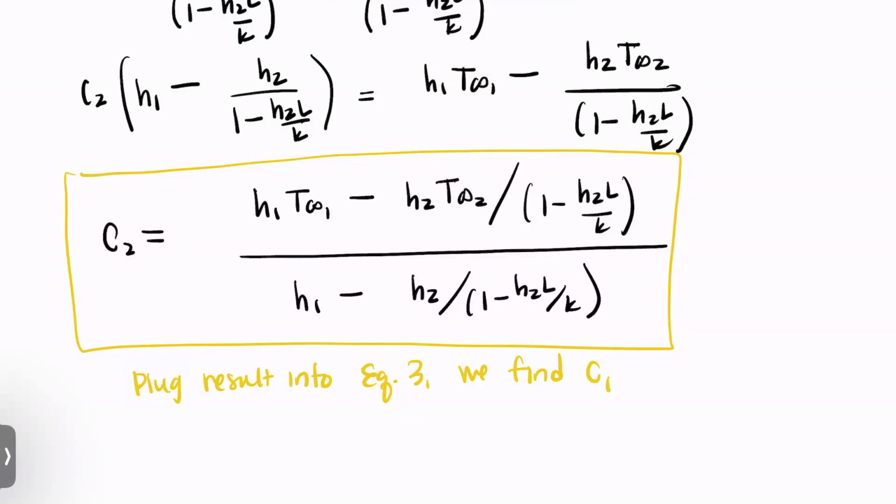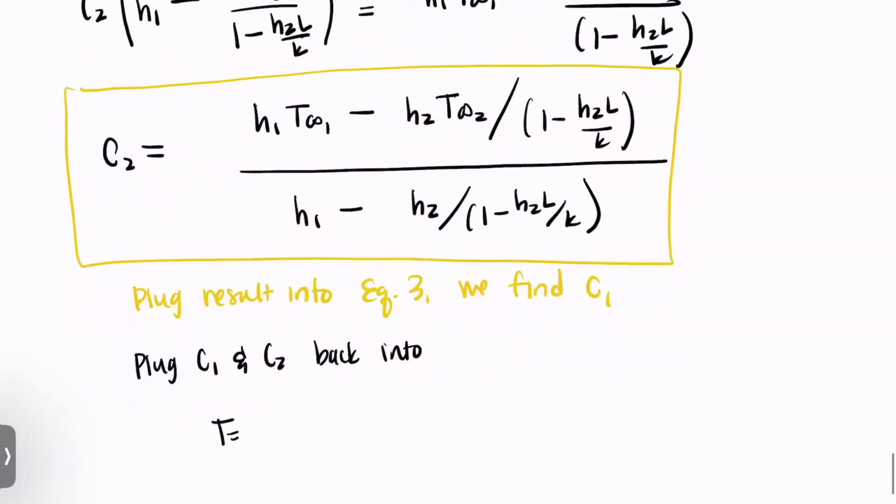Okay, and then we take these results and plug C1 and C2 back into T equals C1x plus C2. And then that's it.